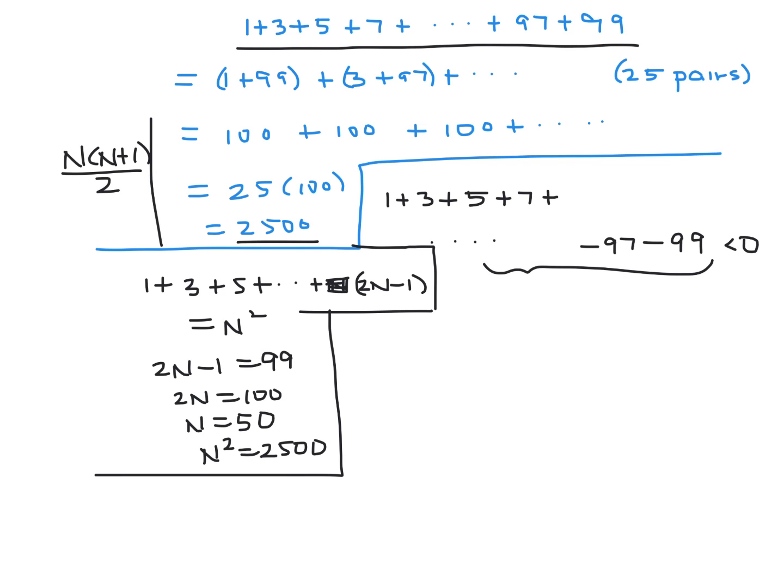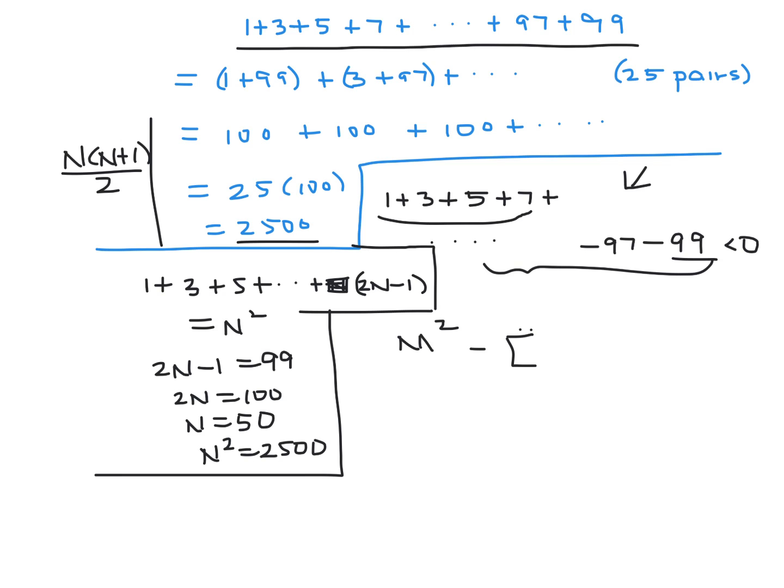Okay, so applying that formula to this expression, let's use a different variable here, since I don't want to confuse this n with this m. So I'll use m. It would be m squared, and then for these, you're subtracting a whole bunch of numbers.